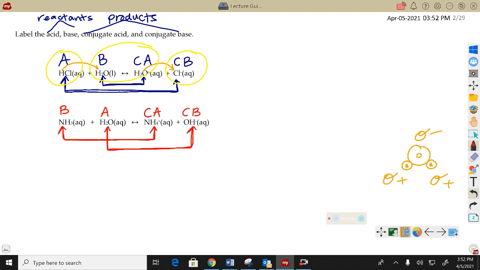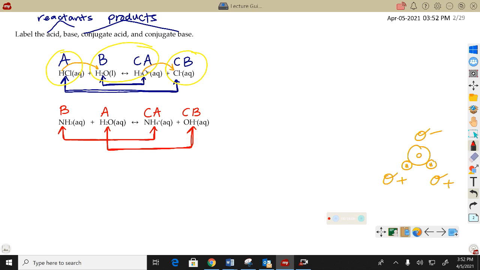The charged ions are the conjugates. And so you can kind of see that for every acid, the particle on the product side is a base. If this thing were to go in reverse, in one direction it's a hydrogen donor, in the other direction it's a hydrogen acceptor. So there's always acids and bases that pair together depending on the direction that we're moving, forward or reverse.